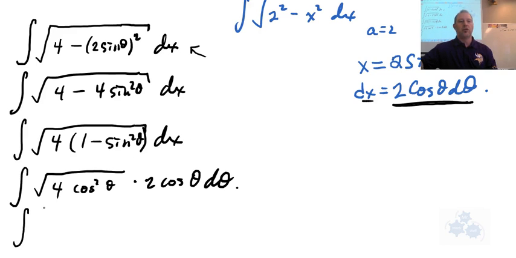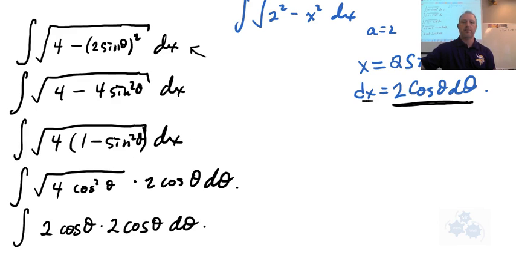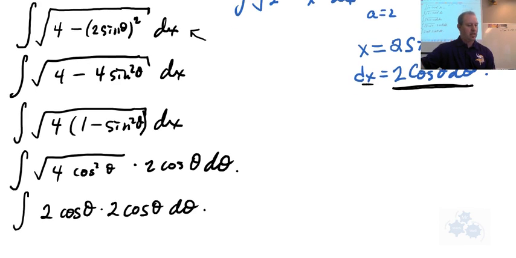All right? So the square root of 4 cos squared theta is actually 2 cos theta. And I have to multiply that again by 2 cos theta d theta. Everybody with me here so far?